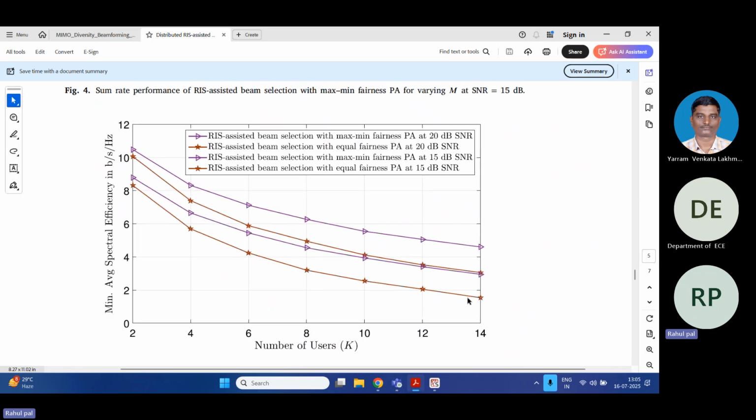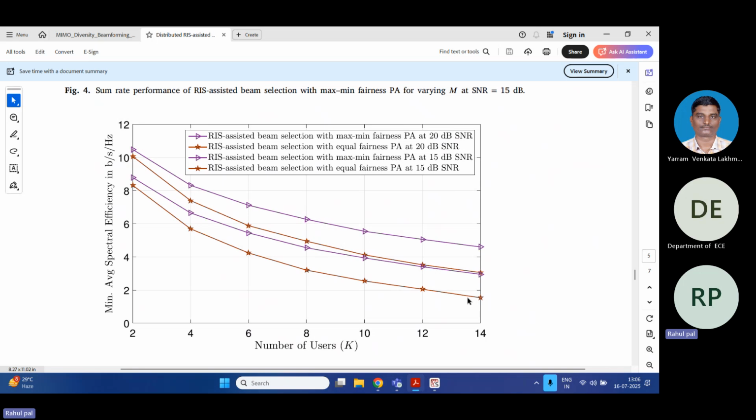You can see there is a purple one and a brown one, with the difference between 20 dB and 15 dB. Here I am calculating the spectral efficiency of the worst user. How low a spectral efficiency can we get?